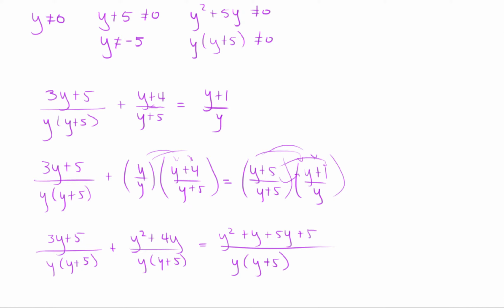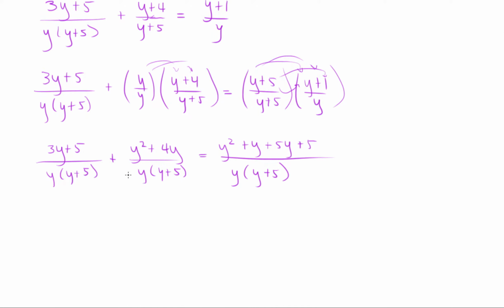Now, why am I not multiplying the denominator? Well, the reason is that when you put it in the same denominator here, I'm going to write it as a sum with the same denominator. So you have y squared plus 4y plus 3y plus 5 over the same denominator.